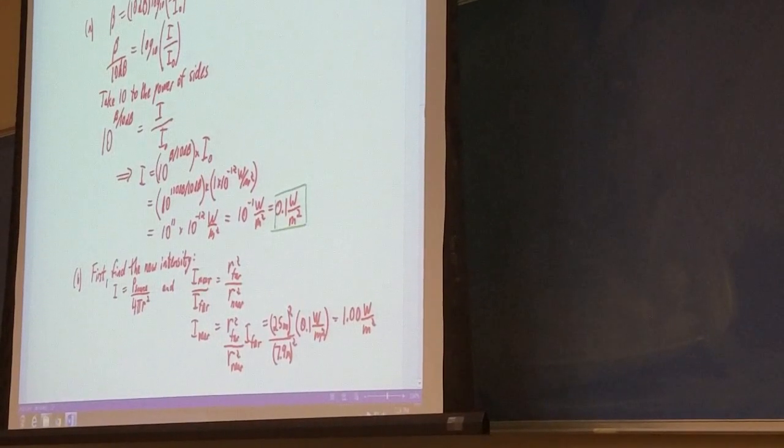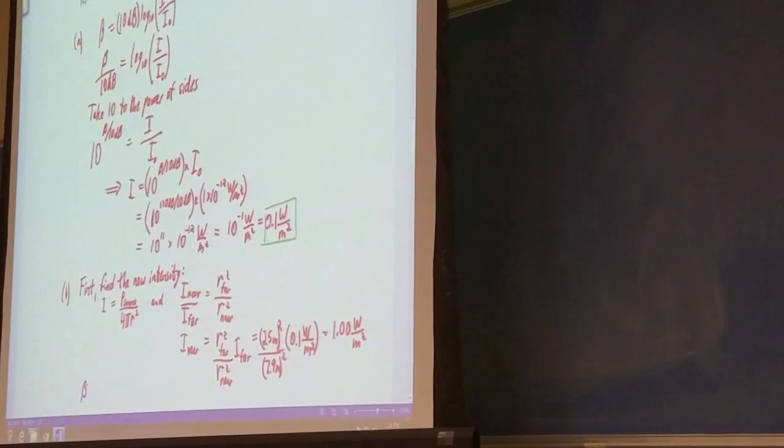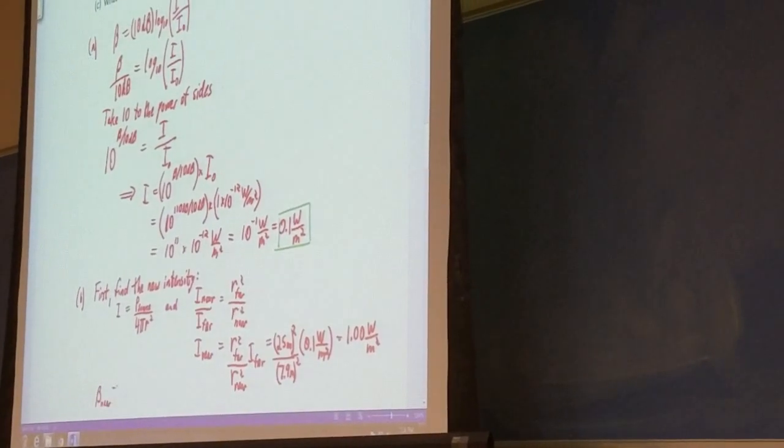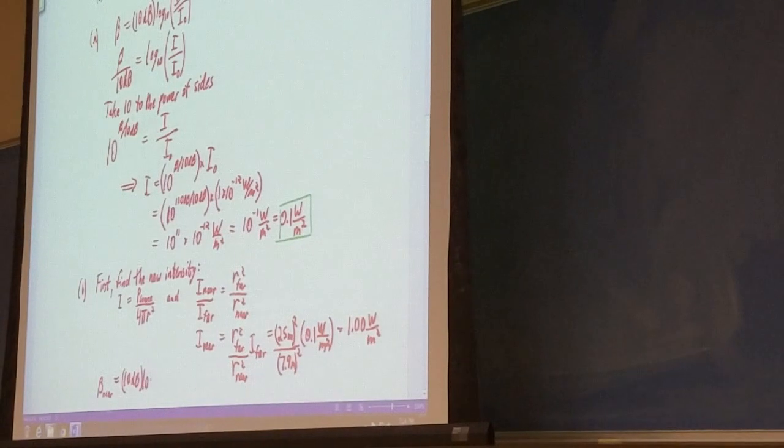So in order to get the new sound intensity level, now that we have the new intensity, we're going to say that beta near is equal to 10 decibels times the log base 10 of I near divided by I sub naught.